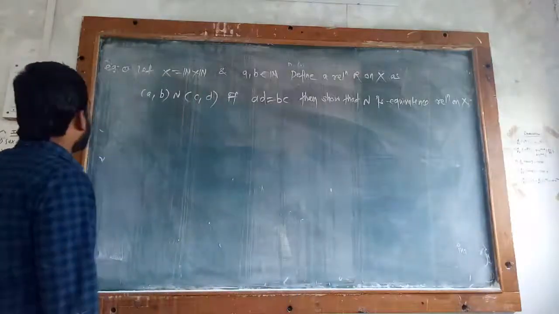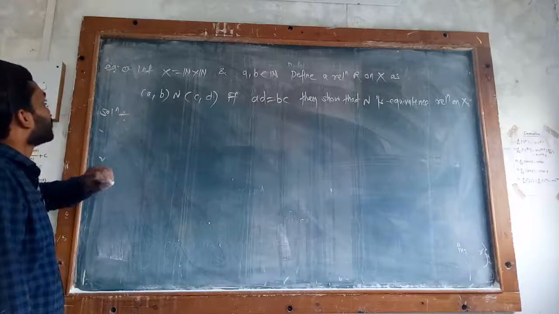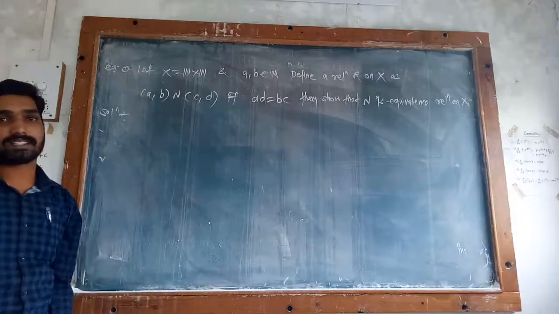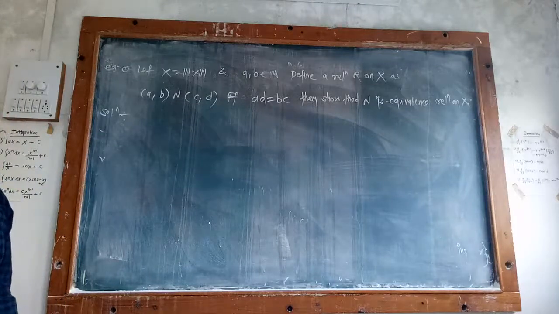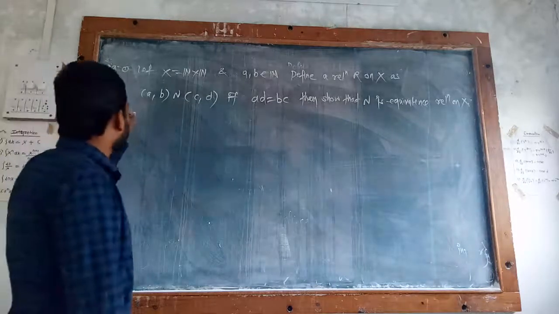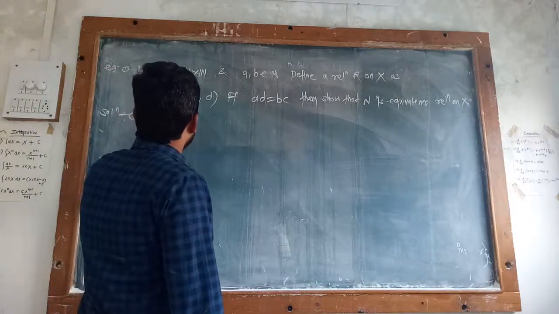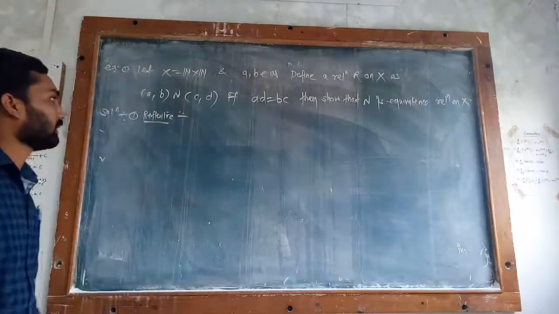So how to show that? Our solution. How to show that this is an equivalence relation? We have to show that it satisfies the reflexive, symmetric, and transitive properties. The first one is the reflexive property, right? So what is the reflexive property?